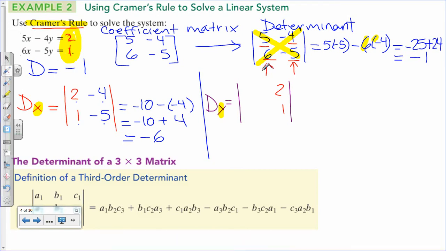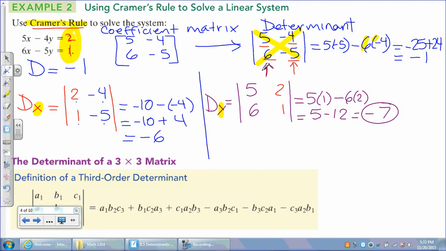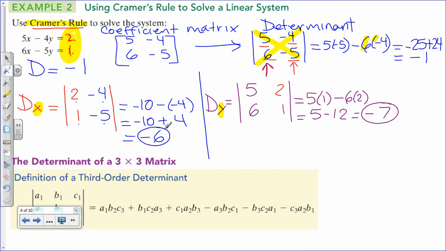The coefficients for x remain the same, 5 and 6. Now we find the determinant: 5 times 1 minus 6 times 2, so 5 minus 12, which is equal to -7. So the determinant of x is -6, and the determinant of y is -7.